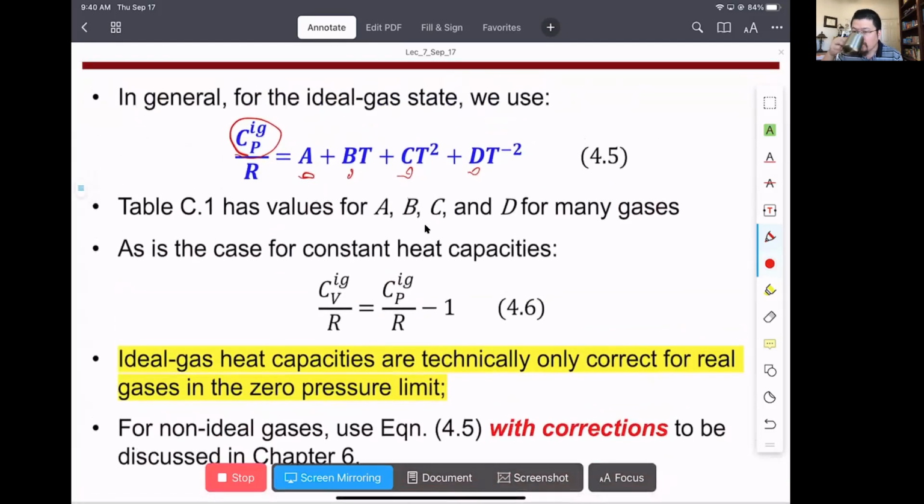If we have a problem at relatively medium or lower temperature, and relatively medium or high pressure, where the ideal gas assumption will fail, then we treat those as real gas or non-ideal gas. Then if you need to run any calculation of Cp and Cv, we have to figure that out independently, and no longer can we use Cp as Cv plus R. That is not correct for real gas.